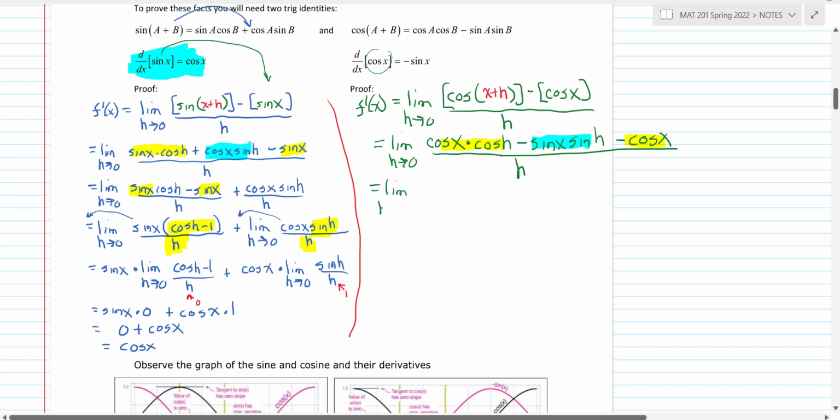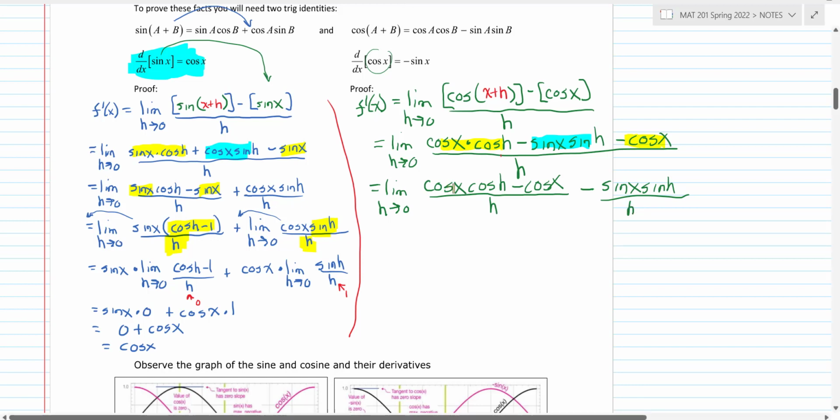We'll have the limit as h goes to 0 of cosine x, cosine h, minus cosine x, all over h. We're just splitting this fraction apart. Valid algebra, then we're going to have minus sine x, sine h, over h. I'm just splitting the fraction apart and using the same denominator.